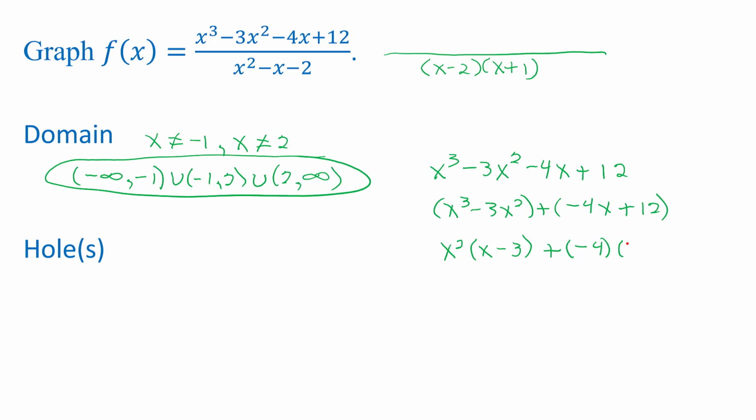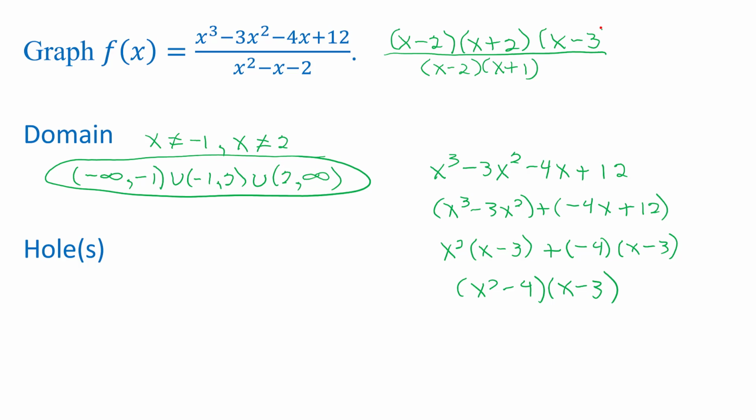I have -4 times (x minus 3). Then we would have (x squared minus 4) times (x minus 3). And I can see that x squared minus 4 further factors into (x minus 2) times (x plus 2), and then we have times (x minus 3).